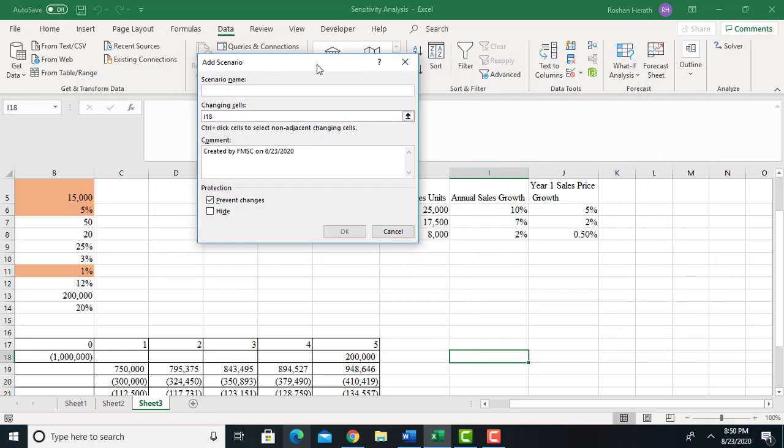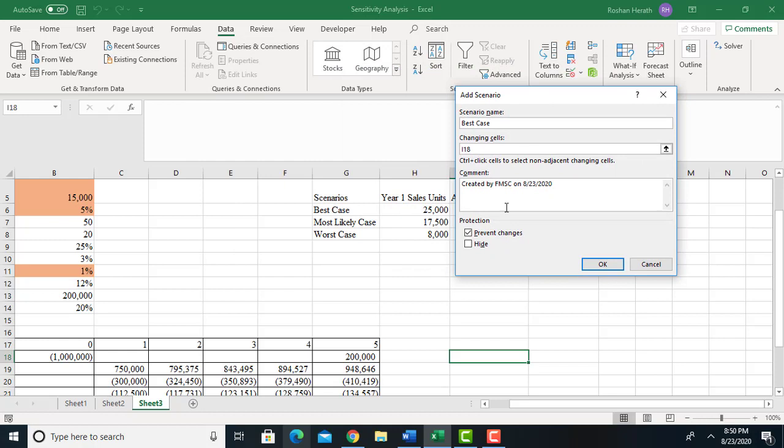It's about the best case scenario. Under the best case scenario, what are the changing cells? You have identified them.